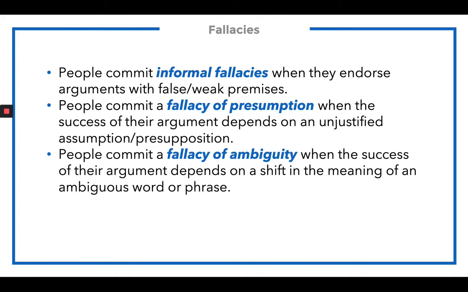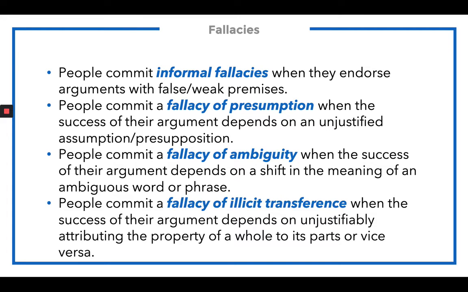Fallacies of ambiguity depend on a shift in the meaning of an ambiguous word or phrase. And then finally, there are fallacies of illicit transference. What happens here is that the success of someone's argument depends on an unjustifiable attribution of some property of a whole to the parts of the thing, or vice versa, from the parts of the thing to the whole of the thing.